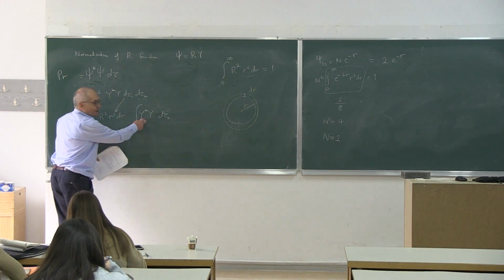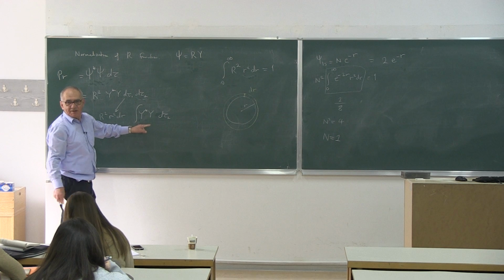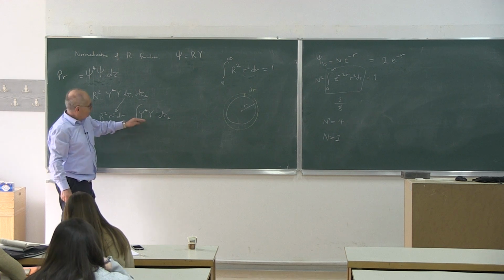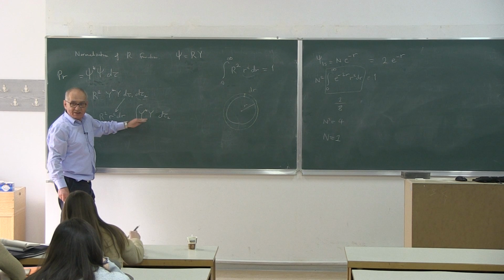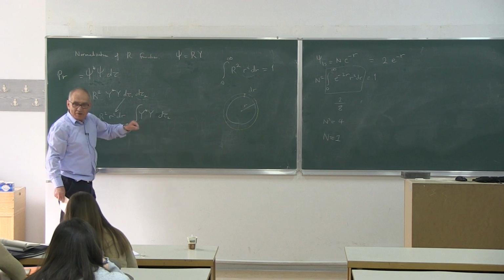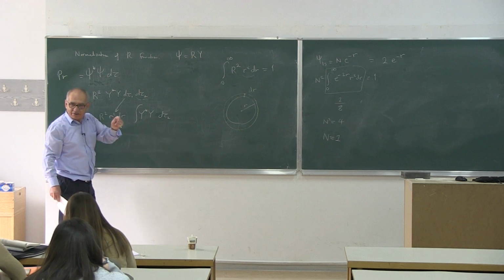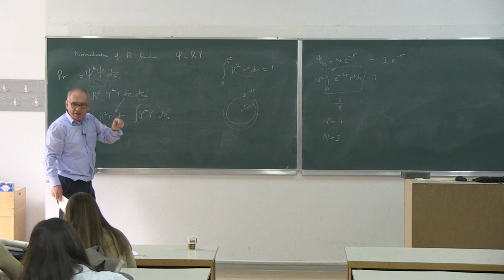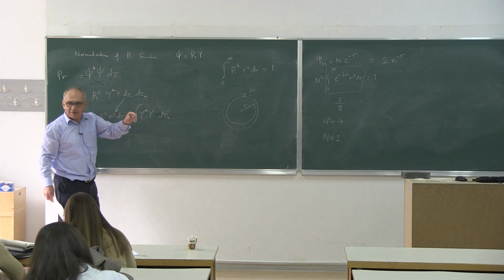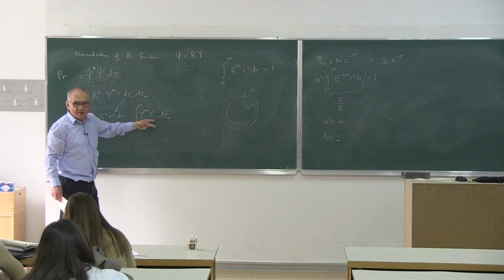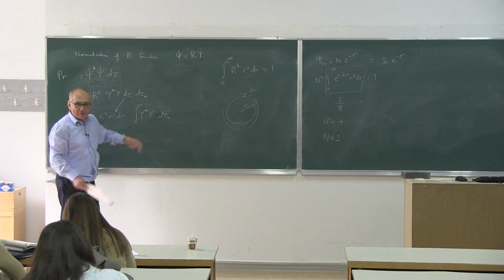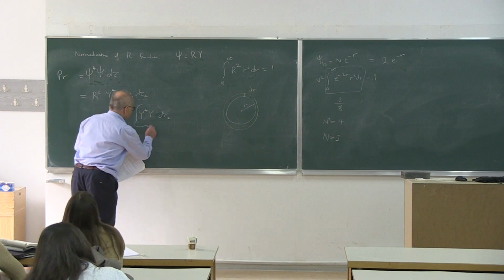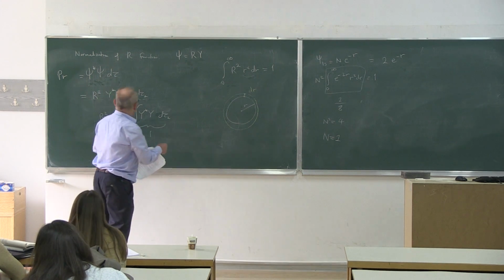But the value of this integral, what is it? This is a double integral. And the variables are angles. One is theta, the other is phi. All space for these two angles. This is 1. This is just normalization integral for the Y functions. So this is 1.